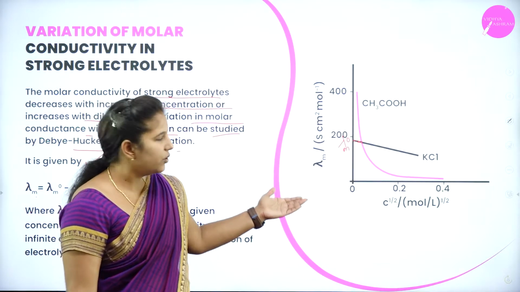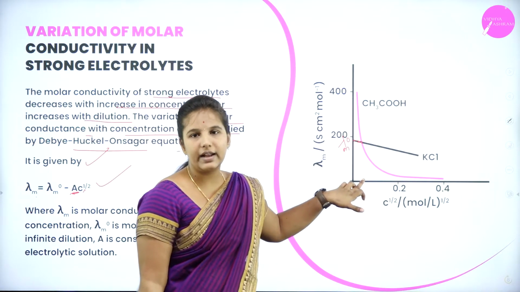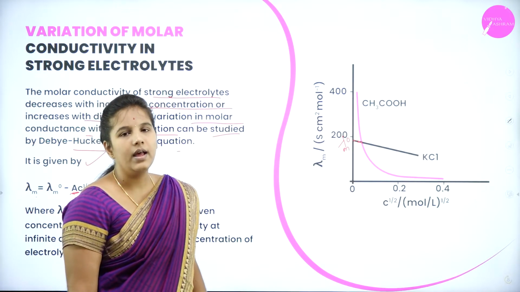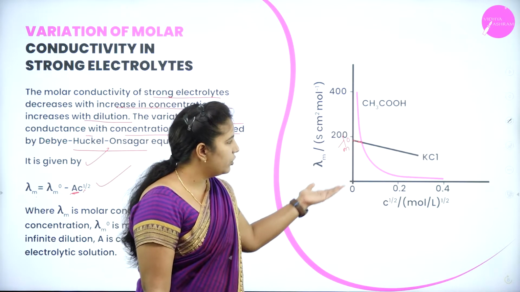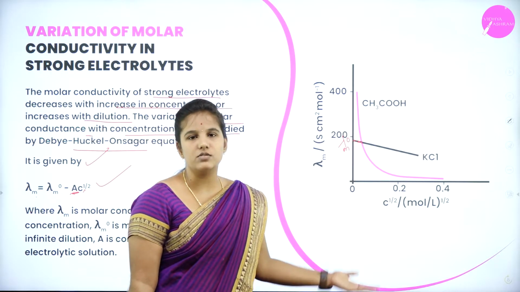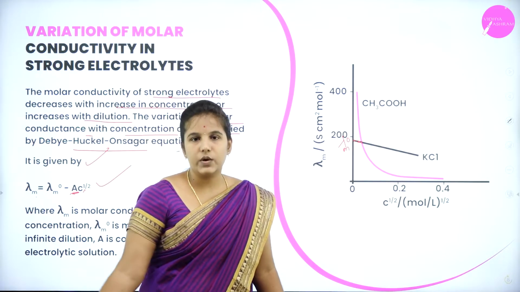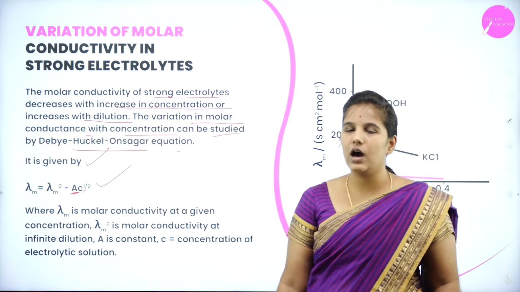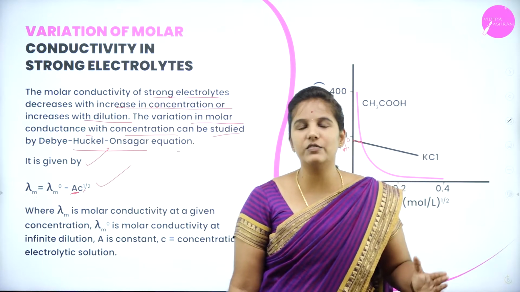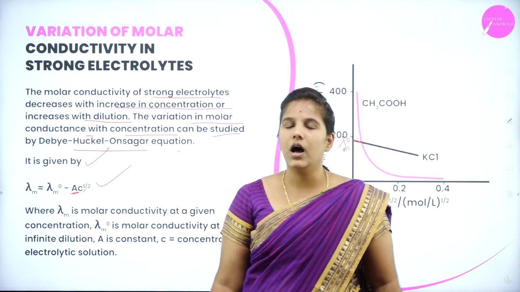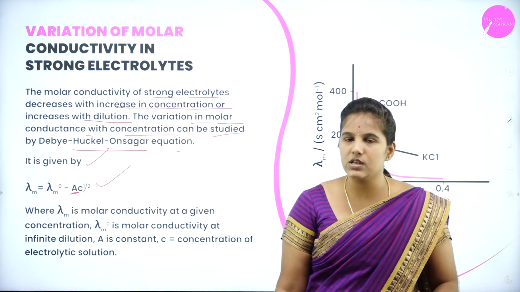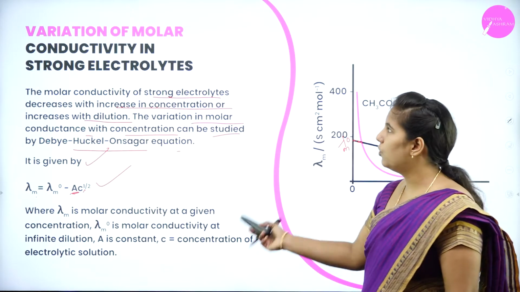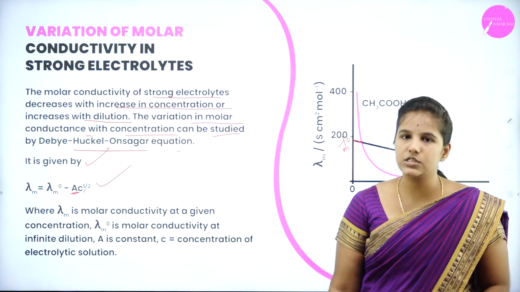We get a graph like this, and if you plot this graph, you will get a negative value of A, which is nothing but a constant. This is how we can expect the variation of molar conductivity in the case of a strong electrolyte.